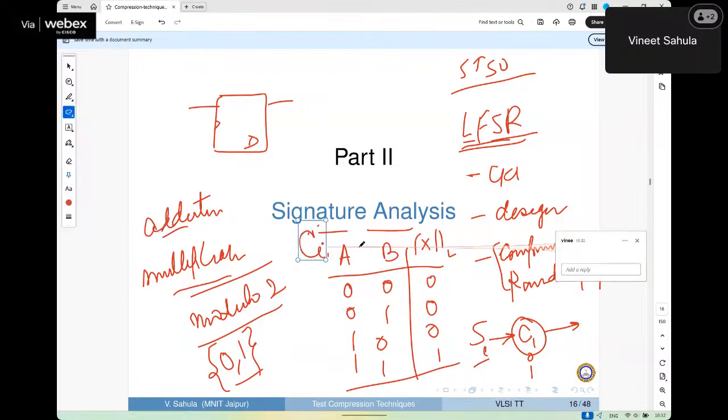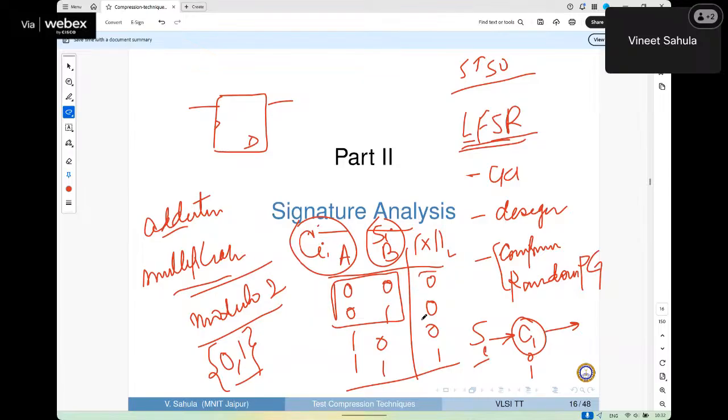This is Ci, let us say, and this is Si. So if Ci is not present, 0, what do you get as output? 0. If Ci is present, then your signal is repeated. So if Ci is 0, nothing is there.